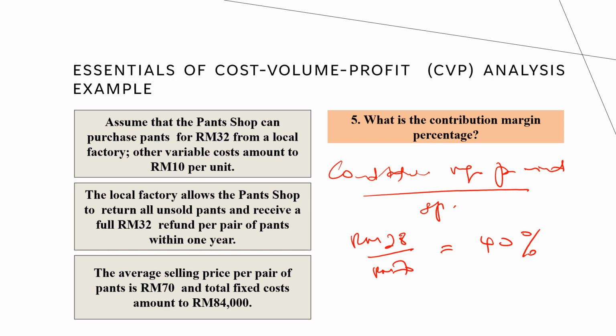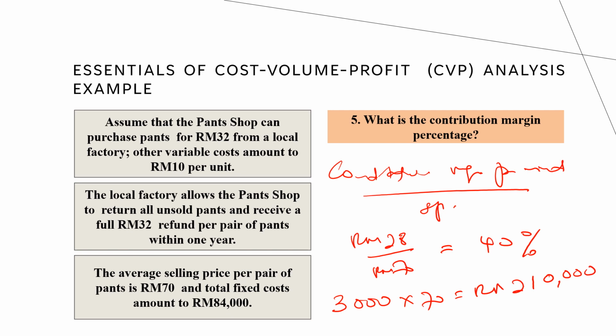So let's say if the business sells 3,000 pairs of pens, the revenue could be 3,000 times the selling price of 70, and so the answer is 210,000.